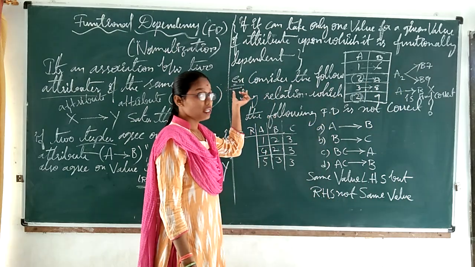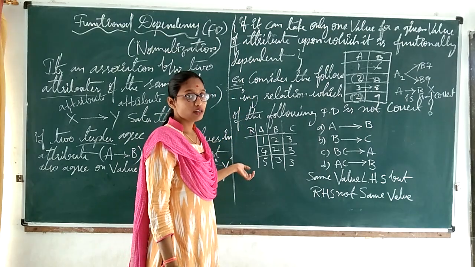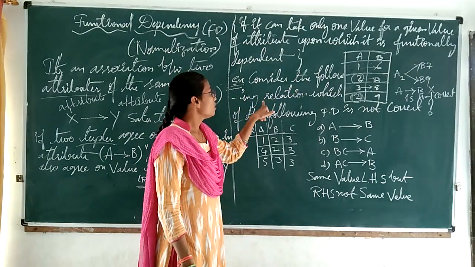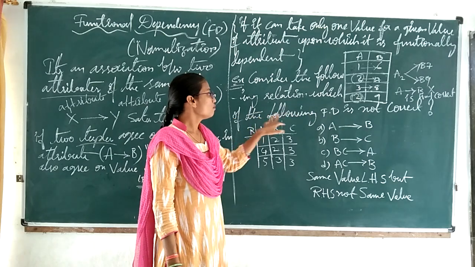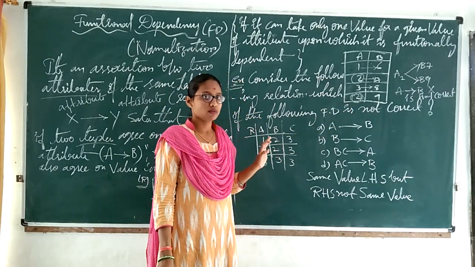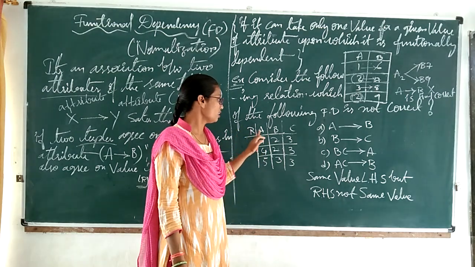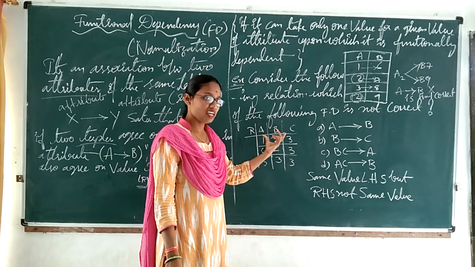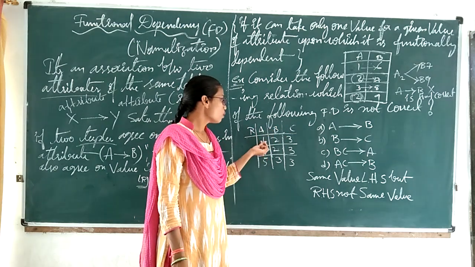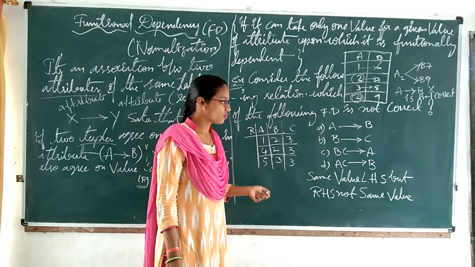Here we have one example to understand clearly what a functional dependency is. Consider the following relation. Which of the following functional dependencies is not correct? We have a table, relation R with attributes A, B, C and values 1, 2, 3; 4, 2, 3; 5, 3, 3.